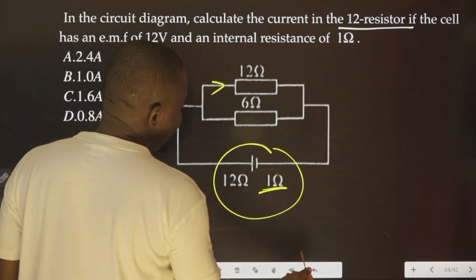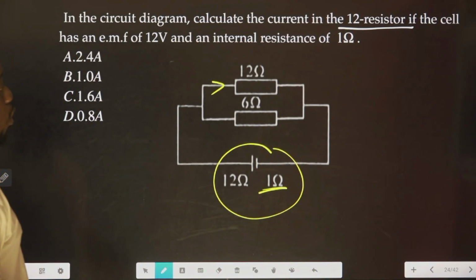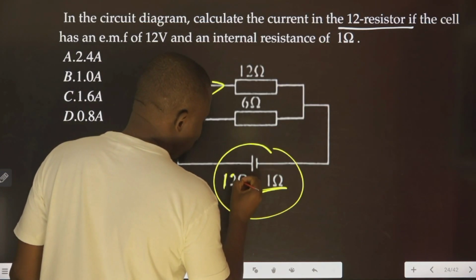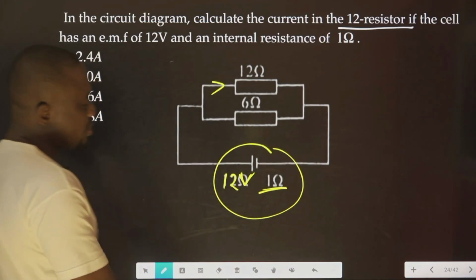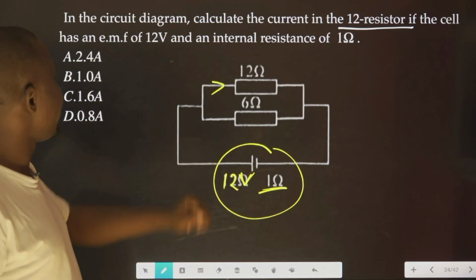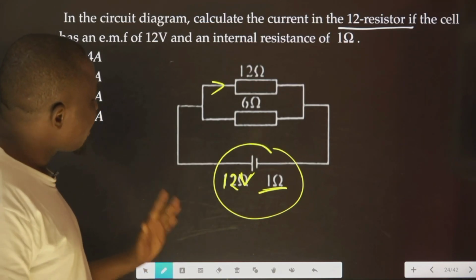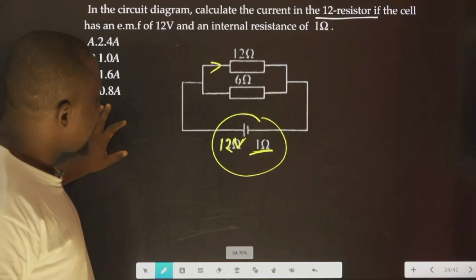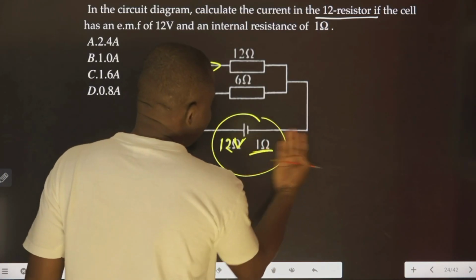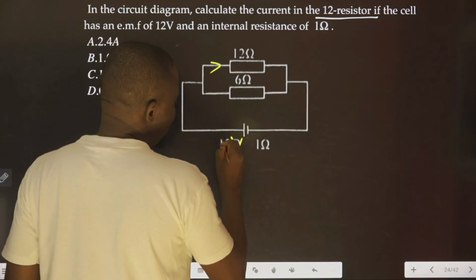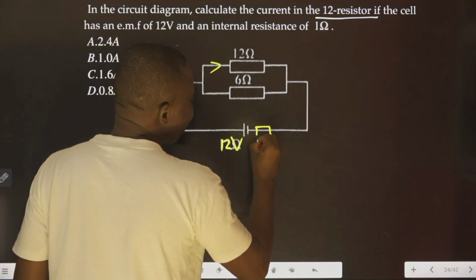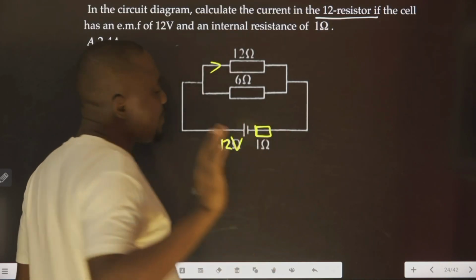It has an internal resistance of 1 ohm. We are told that this is 12 volts. This is actually 12 volts, not ohms. That is the internal resistance. This is the EMF. What this is telling us is that this is 12 volts. We have another resistor in series with this battery.